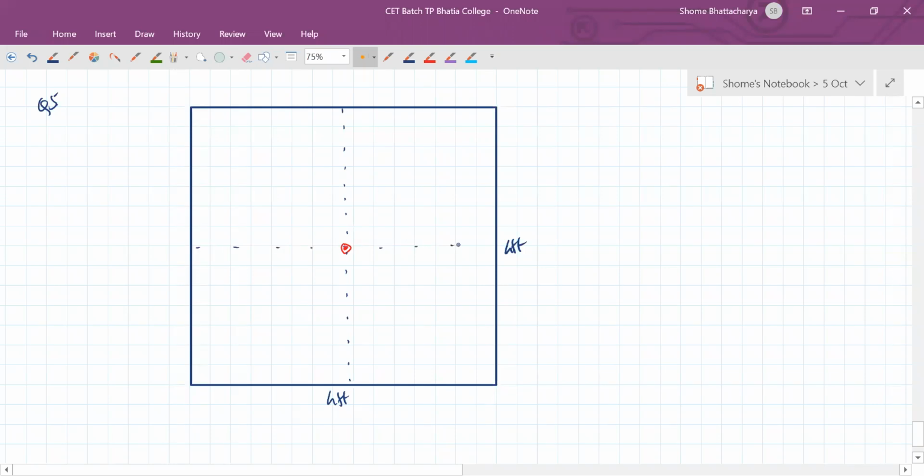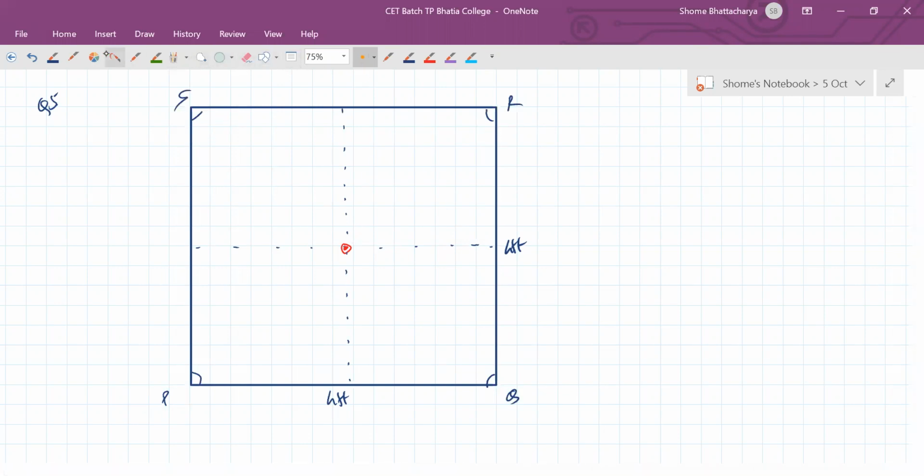So let's say you want to pocket this coin to this corner. Each of the corners has these pockets. So let's say this is PQRS. But we want to pocket it by a rebound shot.